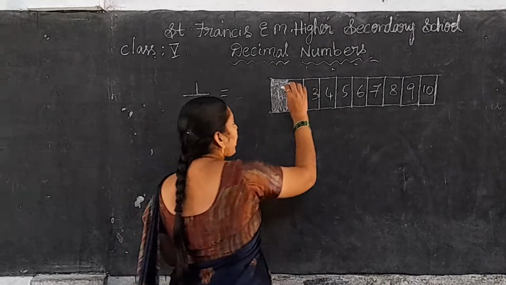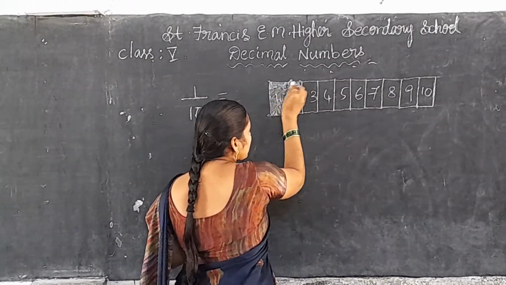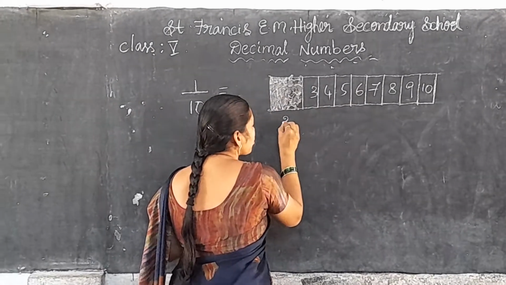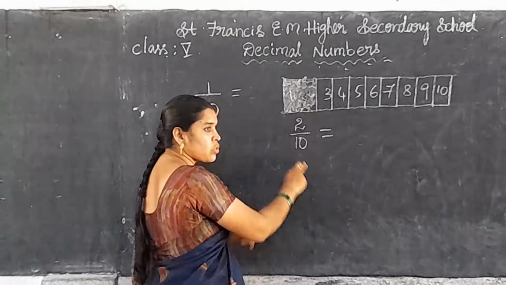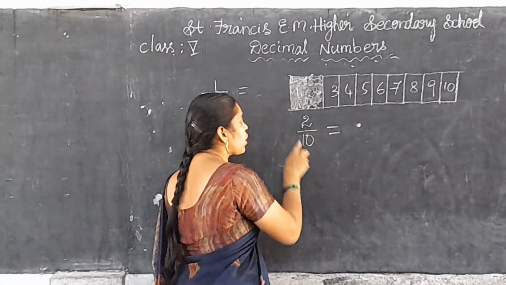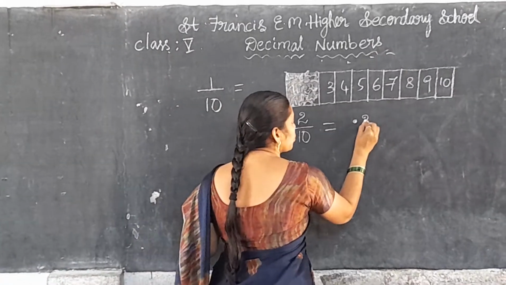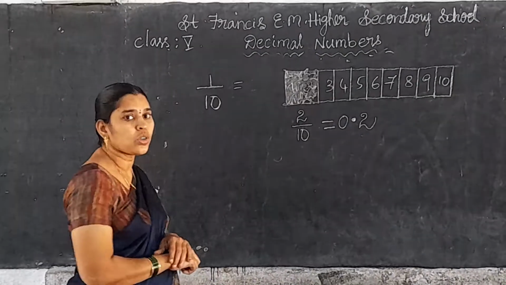Okay. Suppose 2 parts are shaded. Then what is this part? 2 by 10. Here how many zeros? 1 zero. So after the point how many numbers? 1 number. What is that number? 2. So that is the value 0.2.